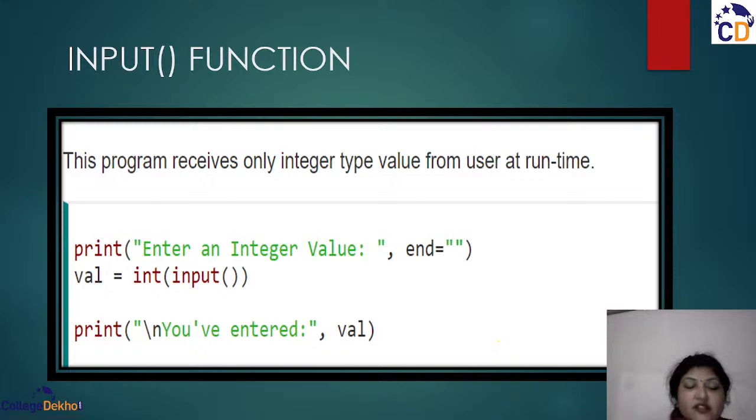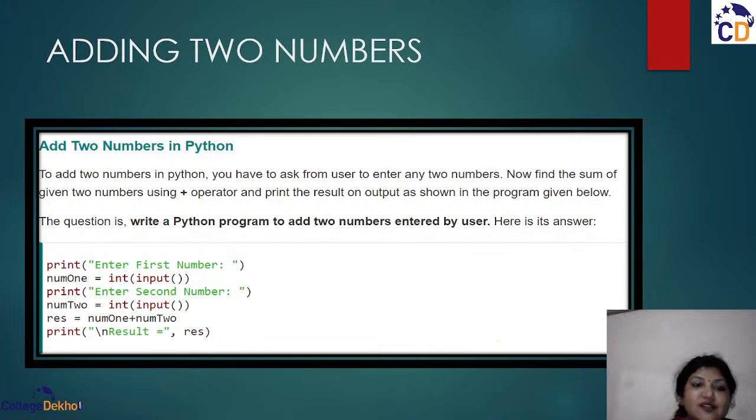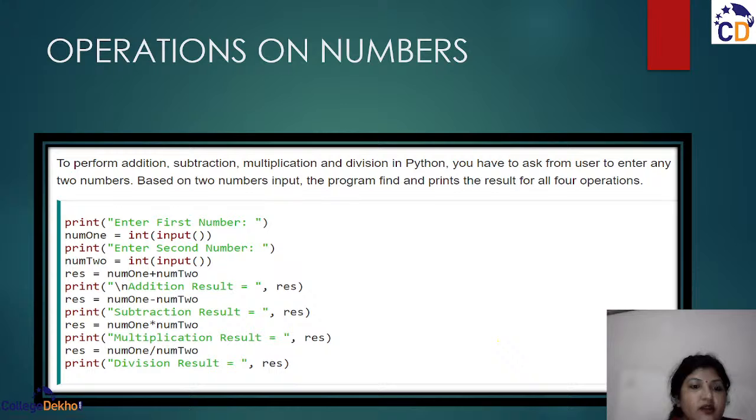And after this, what is the role of different variables? What is the role of the print function? What is the role of the input function? Right? Then what are the basic operations that can be performed on any two numbers?